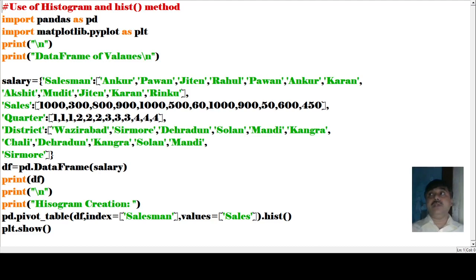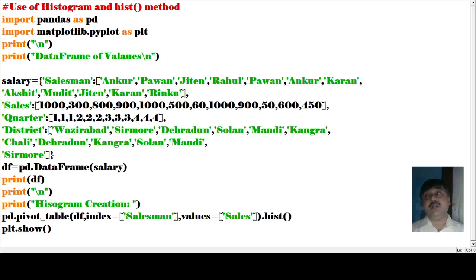Then we have given the sales amount, the different types of sales. After that there is a quarter, and there are different quarters, for example 1, 1, 2.